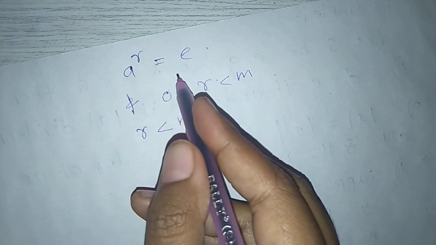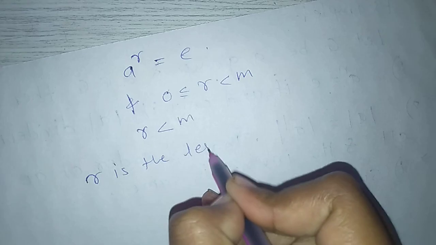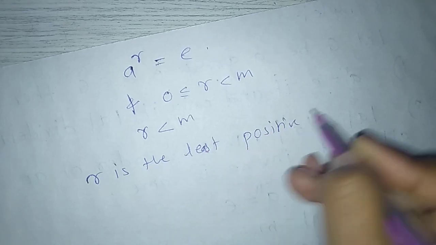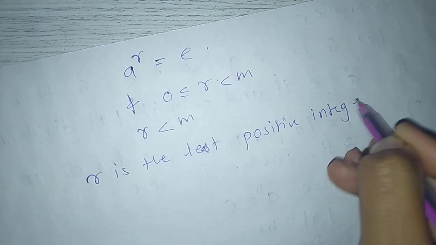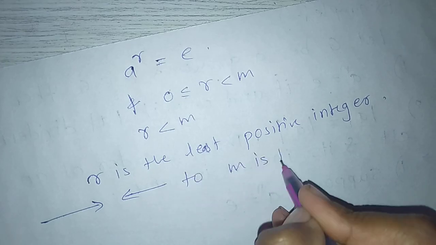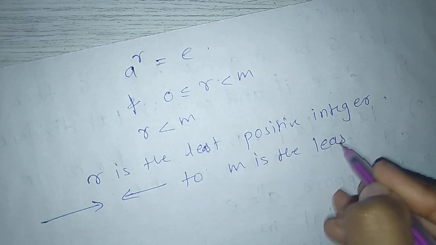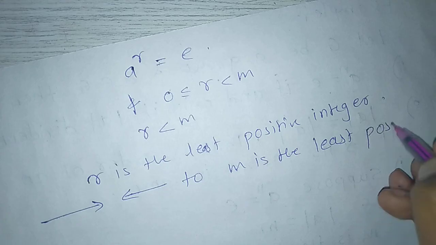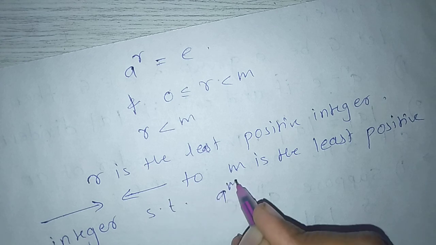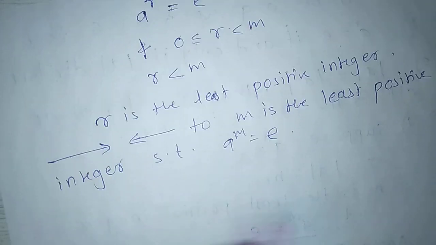a raised to r equals identity means r is the least positive integer, but this is a contradiction to m being the least positive integer such that a raised to m equals identity.